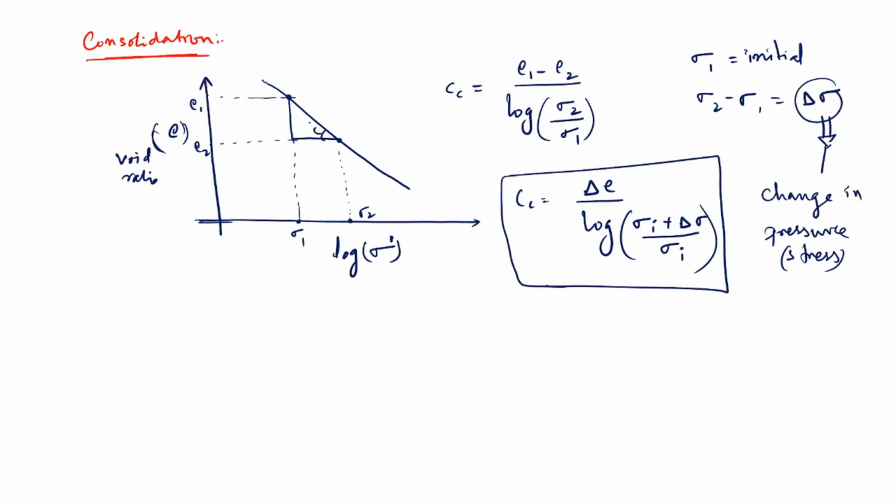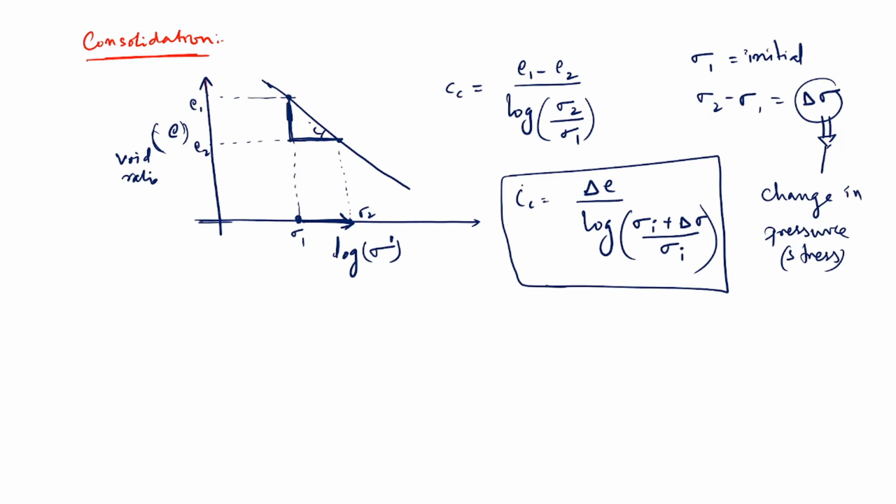I didn't explain about this graph, because it is very obvious. When the compressive stress is increasing on the soil, the void volume will decrease, then void ratio will decrease. So it is inversely proportional, because when the effective stress is increased, the voids are reduced because the soil is compressed.